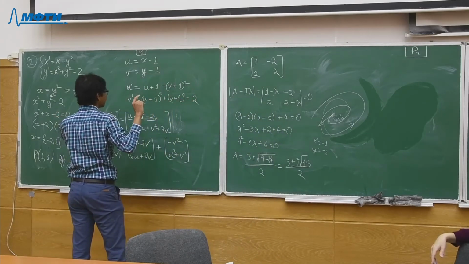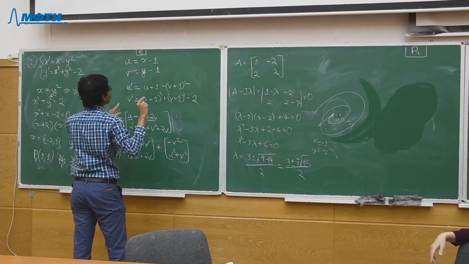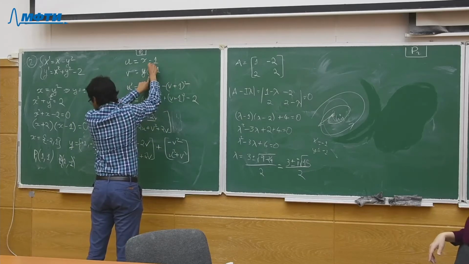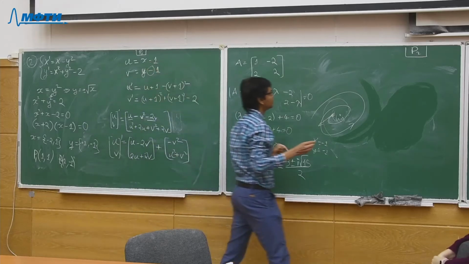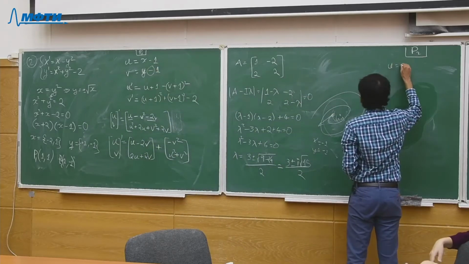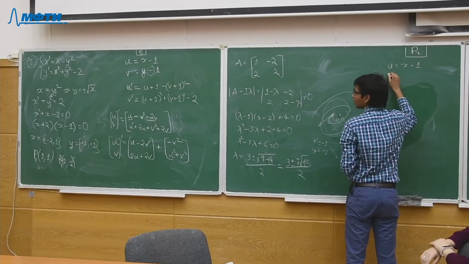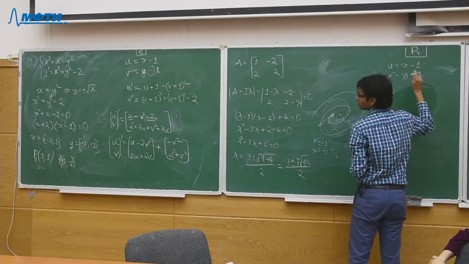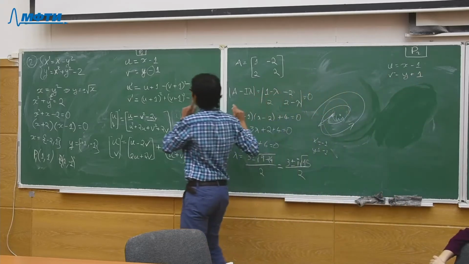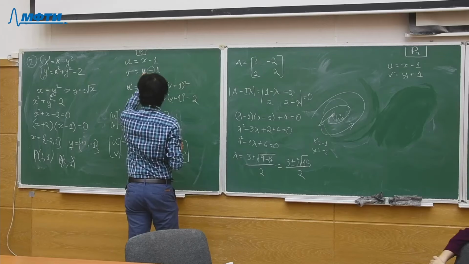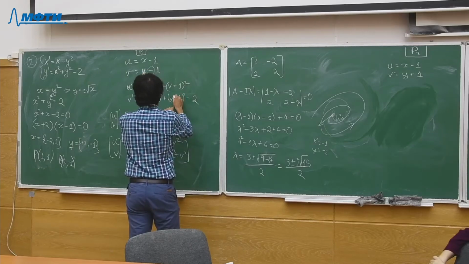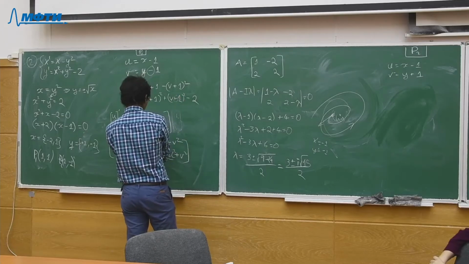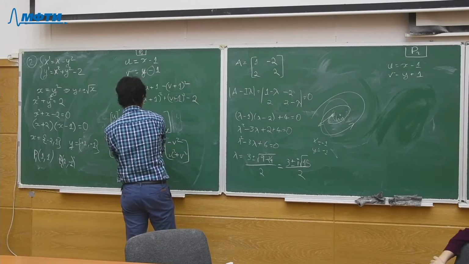Substitution is okay, like this, but x plus 1, and v is equal to y plus 1. You should change the sign, right? If we make it plus, the only difference will be in this sign, which will be propagated only here.